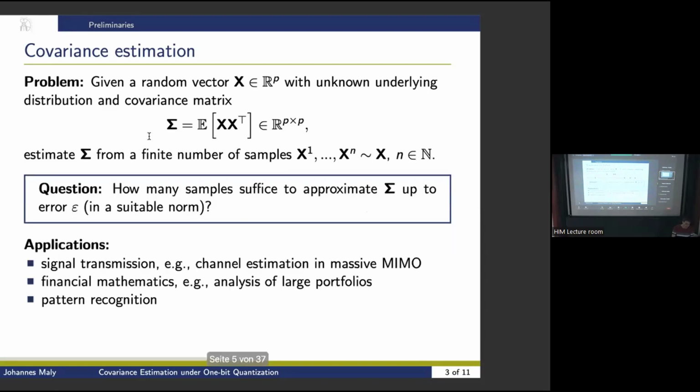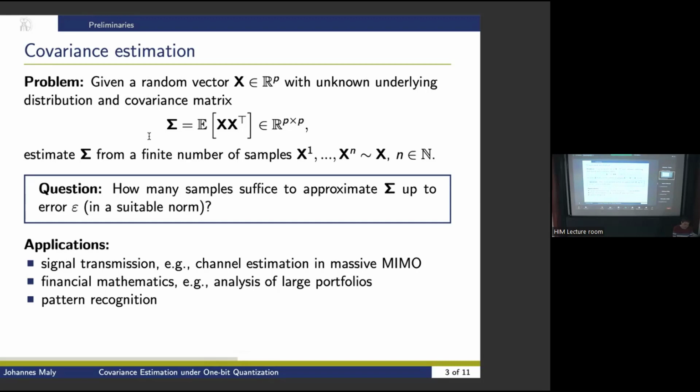As I already said, the covariance matrix contains a lot of information about the probability distribution. So applications for this problem range over different fields like signal transmission, financial mathematics, or pattern recognition.